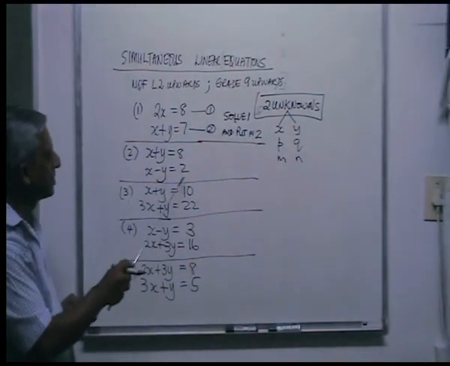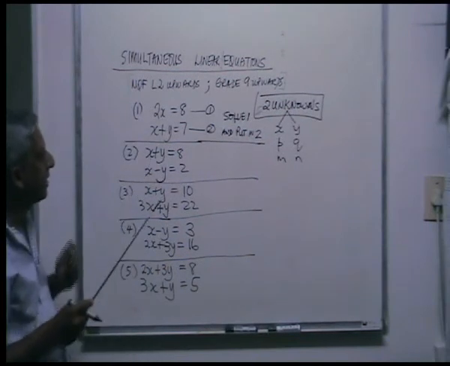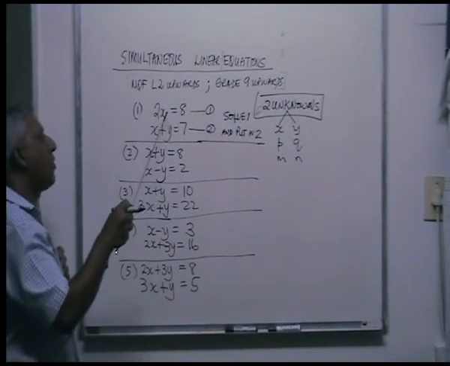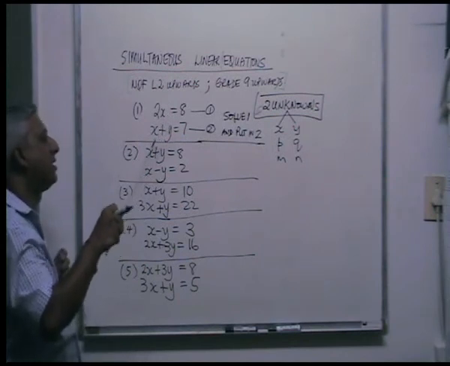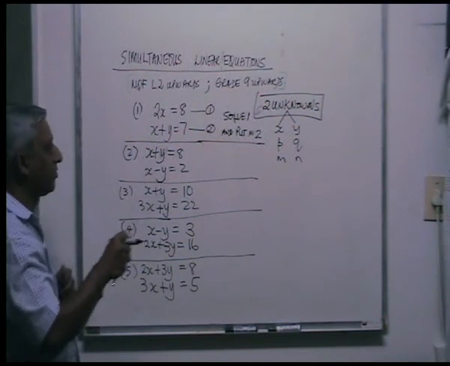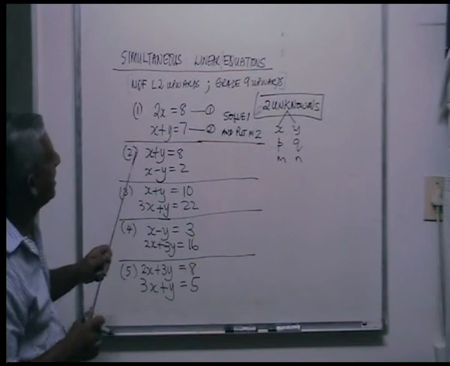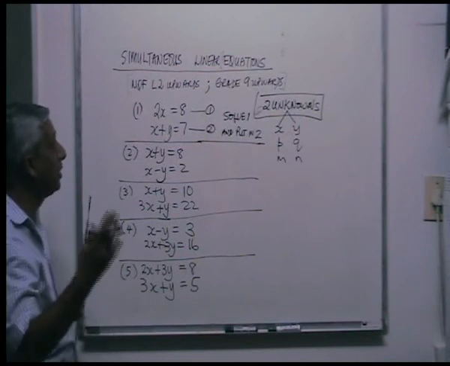Now if you look at these two sets, the idea is to solve for one unknown and then put it in the other equation. But in this equation, you can't solve here, you can't solve there. So when you study it, you come to know a new method.